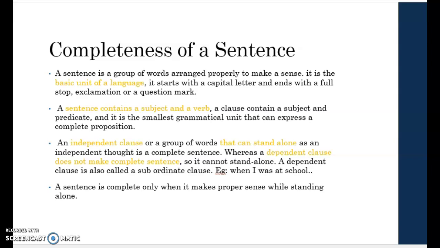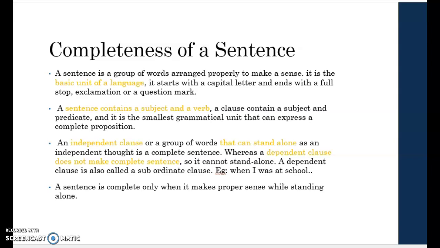Now, when it comes to an independent clause, that particular clause can stand on its own. This group of words can stand on its own. But a dependent clause will always be dependent on something else. I'll tell you another example: Jane went to the park after she finished school.